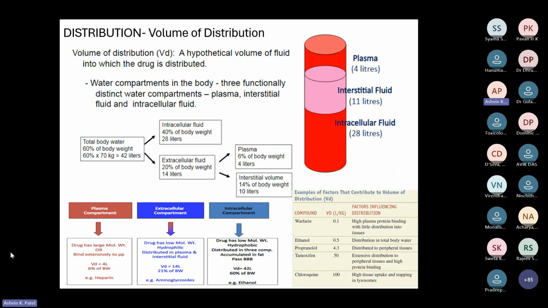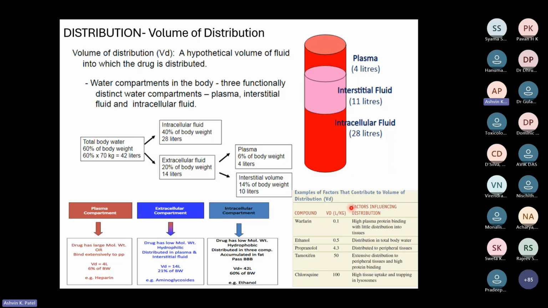Within the extracellular fluid there are plasma and interstitial volumes. The plasma is approximately 6% of body weight, roughly 4 liters, and interstitial volume is 14% of body weight, about 10 to 11 liters for a 70 kg human.